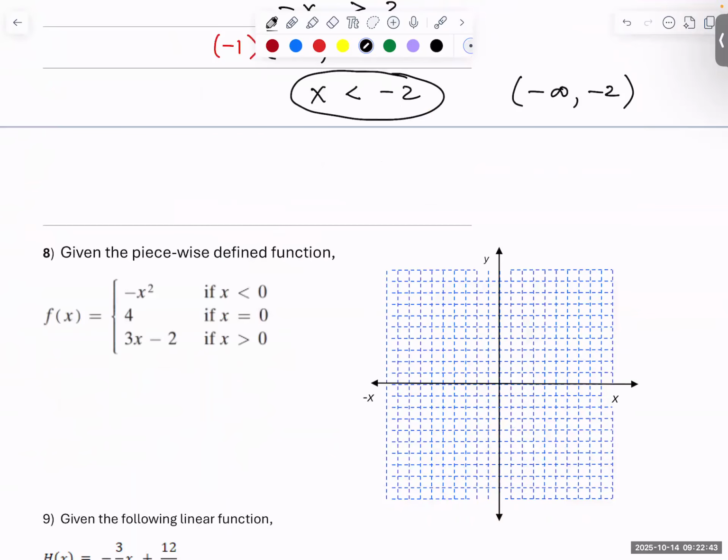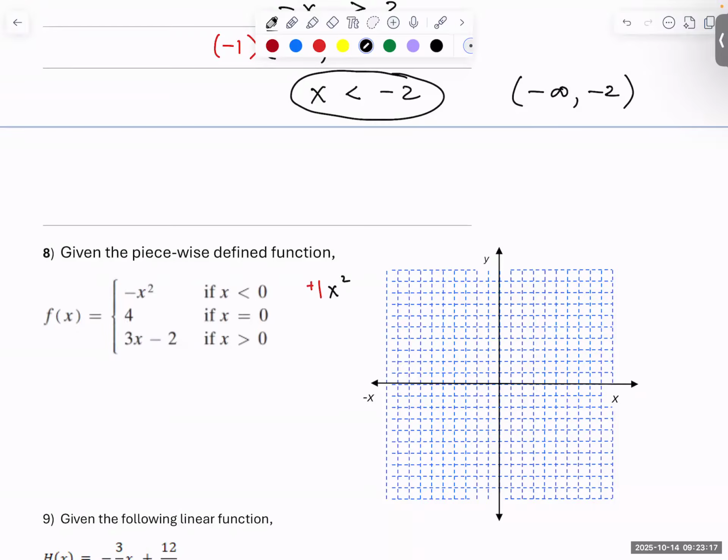Brief discussion on number 8. Defined in 3 pieces. This is a piecewise defined function. About the first piece, we should know that it's related to the basic function, which is +1 x squared, but with a -1 coefficient. The basic graph, which is a parabola, will be concave down, but only if x is less than 0. So here's just a quick explanation, but you should work out the details.